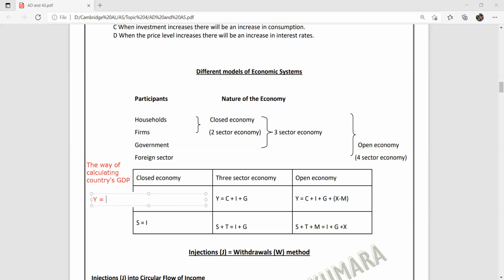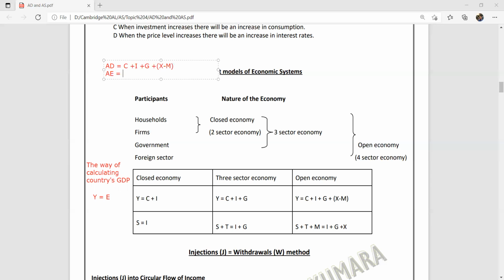Here is one method, Y equals E. Y means yield, E means expenditure. When households, firms, government, and the foreign sector purchase goods, it is a demand as well as total expenditure. Aggregate demand is C plus I plus G plus X minus M. Also, this is the total expenditure.